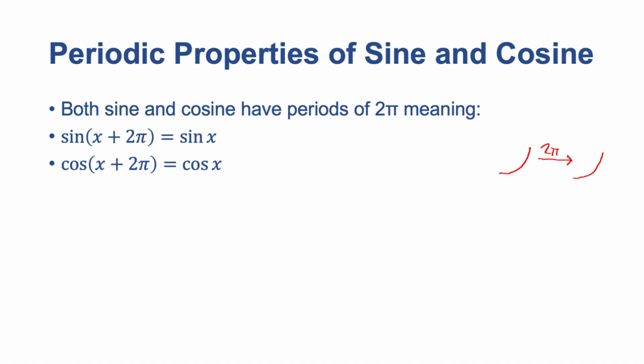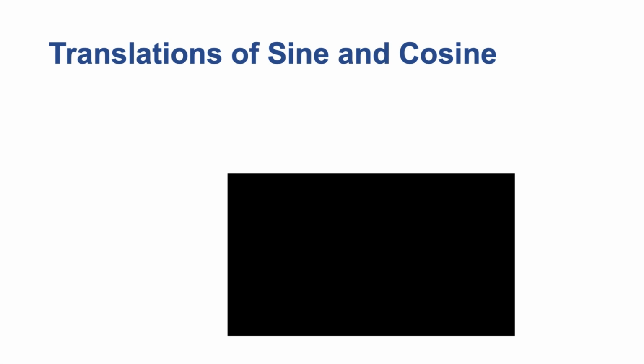Now we're going to talk about the translations of sine and cosine and do a couple examples. So if I want to translate sine, I'm going to take the sine of x and then plus or minus d, depending on if I want to raise it up or lower it down, plus or minus a constant d. I might refer to it as d right now, but we will use other variables as well. That's our vertical shift.